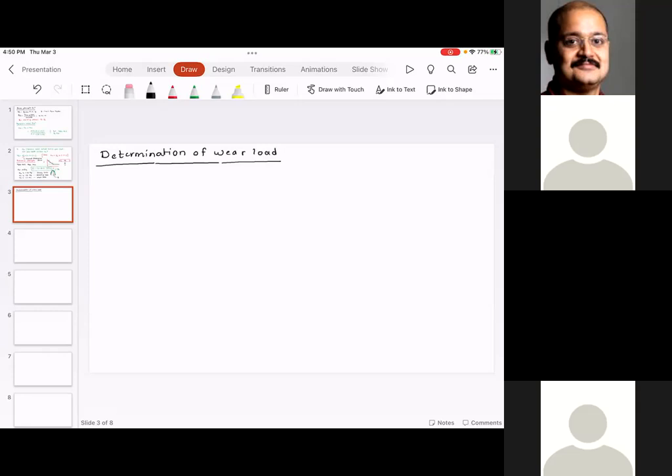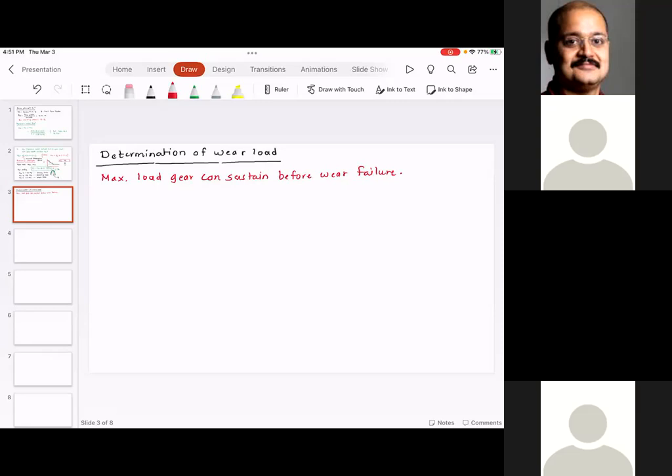So wear load is the maximum load a gear can sustain before wear failure. And wear failure does not mean the gear breaks or the tooth breaks. Wear could be simply pitting, where a teeny tiny bit of material gets chipped off.